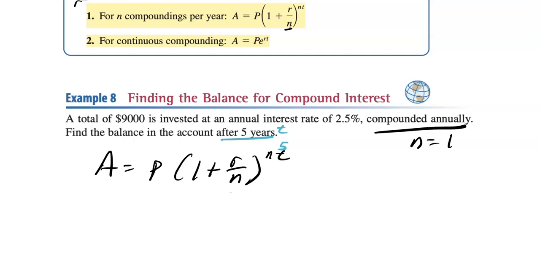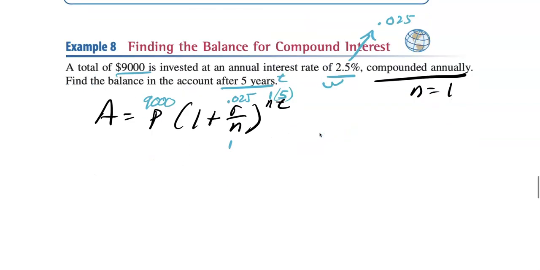Compounding annually, so n is 1 and 1. R is the rate, and we have to make it a decimal, so 0.025. We move over 2 spots to make it a decimal. And then we put $9,000 in: 9,000 times 1 plus 0.025 over 1, to the 1 times 5.